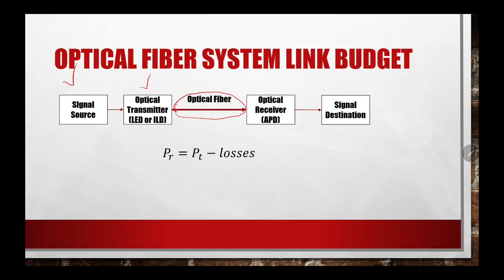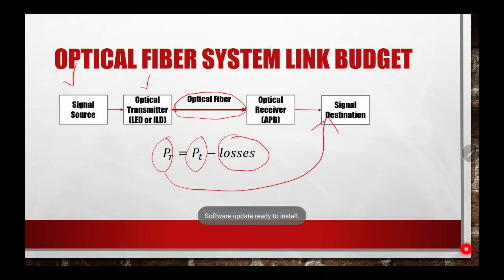So, pag mag-a-analyze ka ng isang optical fiber system link, kailangan alamin mo ano yung lahat yung losses. And then, dapat alam mo din ano yung power na tinransmit mo. So, using this formula, malalaman natin ano yung marireceive natin ng PR dun sa receiving end. So, yung losses, na-encounter yan hindi lang dito sa optical channel. Yung losses, meron ka din sa simula hanggang dun sa pag-receive. Okay, so, then yung PT mo, yun yung galing dito sa part na to. Okay, so, typically, naka-dBm yan.